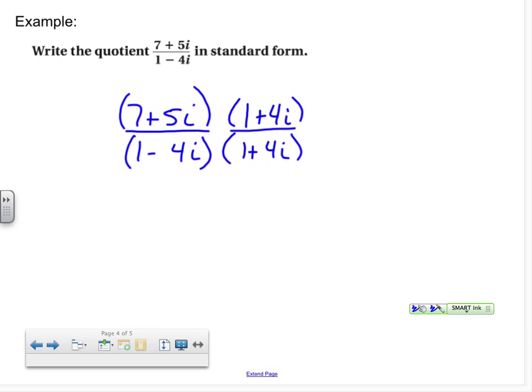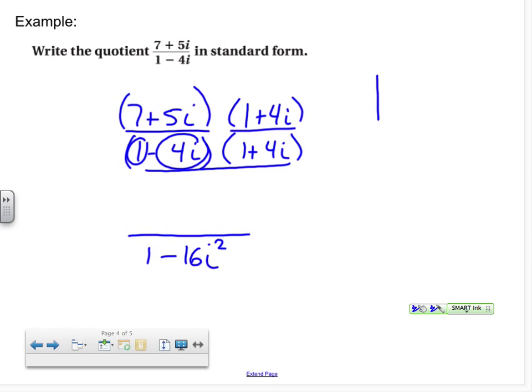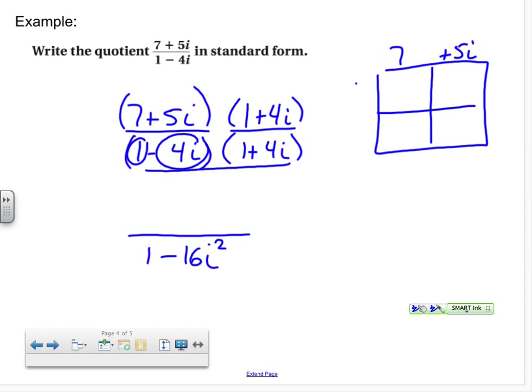Now, as I work through this, this is a complex conjugate. It's like a difference of squares. It's really going to be the first term squared minus the second term squared. The top, we will box it. So we got 7 plus 5i, 1 plus 4i. Fill in the box. We got 7 here, 5i here, 28i there, and 20i squared here.